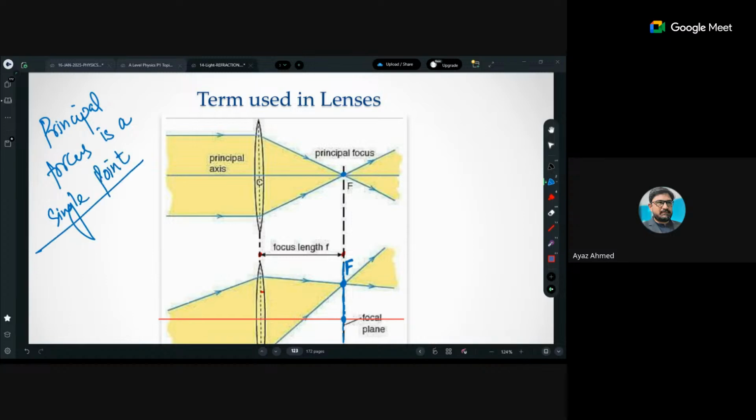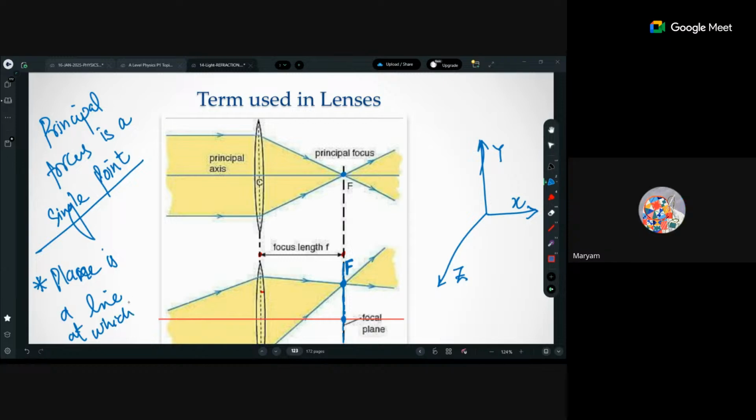Plane is just like the x axis, y axis and z axis. So this is your x plane, this is your y plane, this is your z plane. That's it. So plane is a line at which light can be converged.